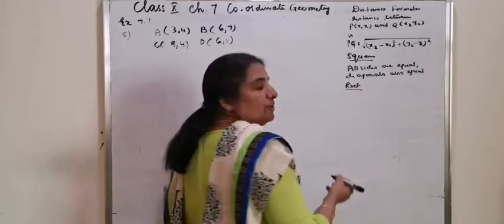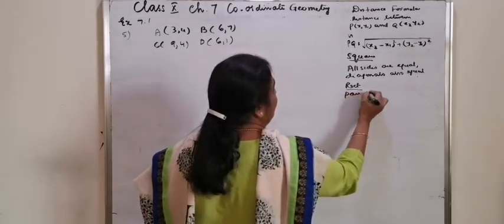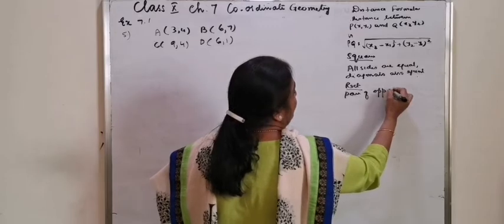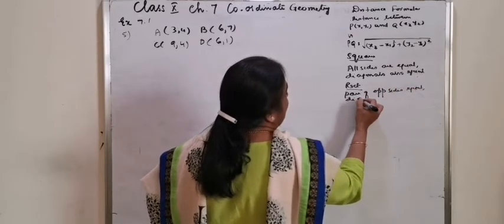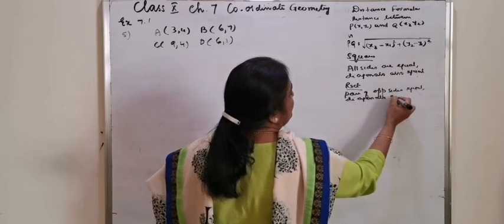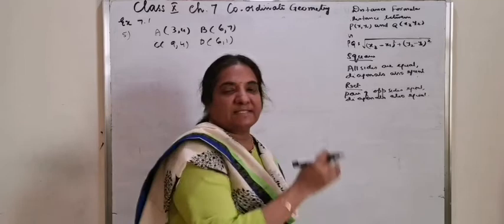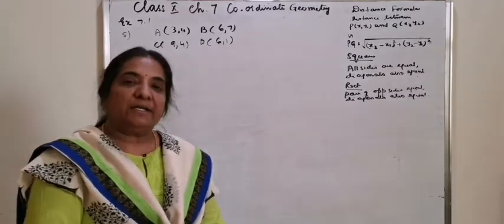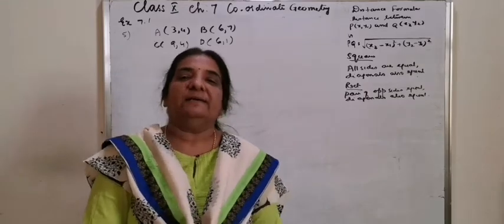For a rectangle, you need to prove that pairs of opposite sides are equal, as well as the property that diagonals are also equal. If you can prove the conditions as specified here, you can determine whether the 4 points are the vertices of a square or a rectangle.